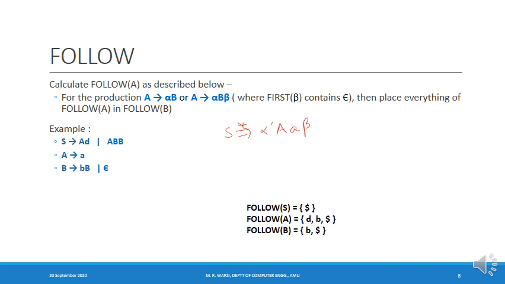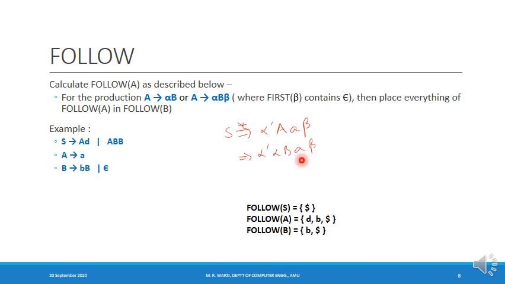Now this capital A can be expanded using this production. So when I expand this capital A using this production, I obtain the sentential form alpha dash alpha capital B small a beta. Now what can I say about this sentential form?